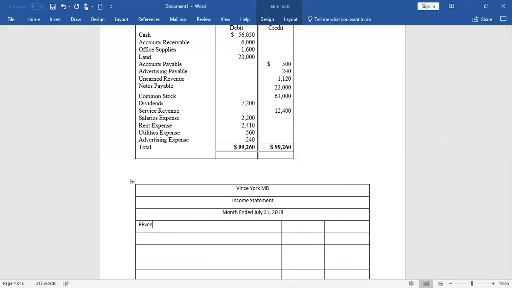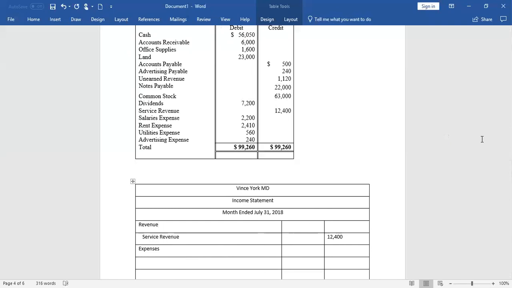So we're going to start with revenue, indent a little, and put service revenue. And since there's only one revenue, we'll put the total out on the rightmost column. There we go. Next, we'll do expenses.